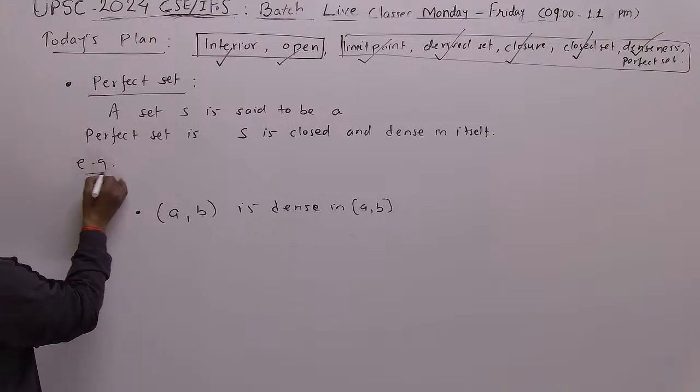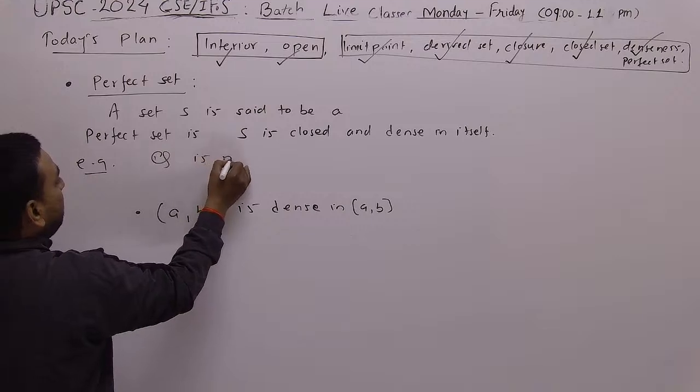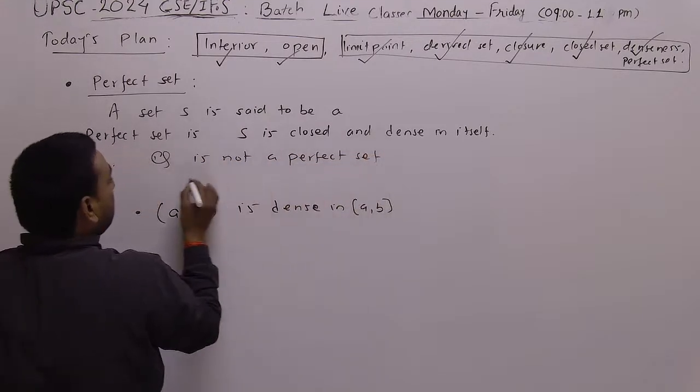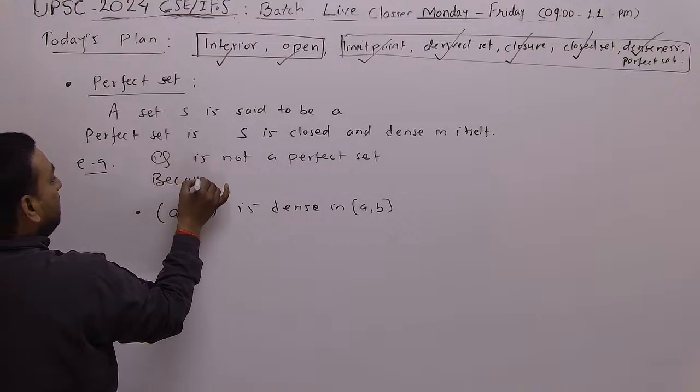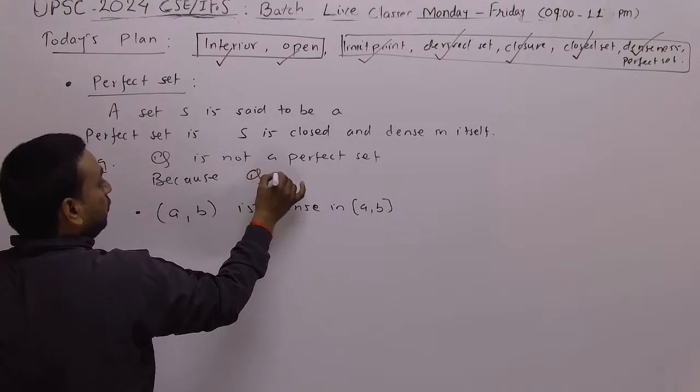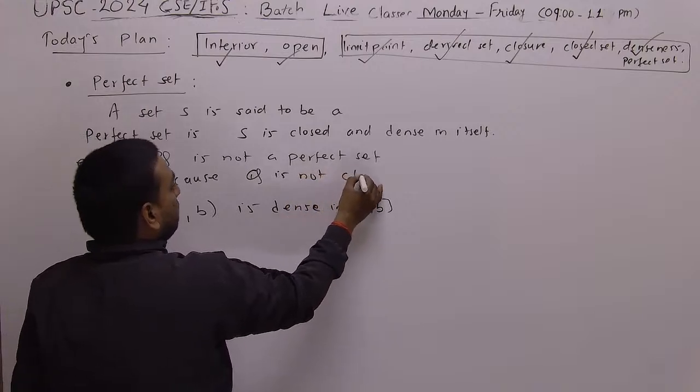For example, Q is not a perfect set. Why? Because Q is not closed.